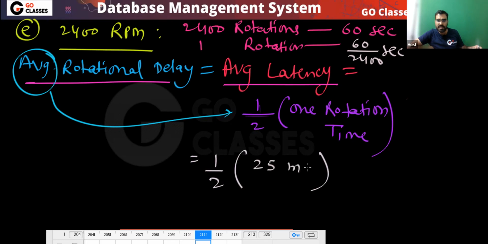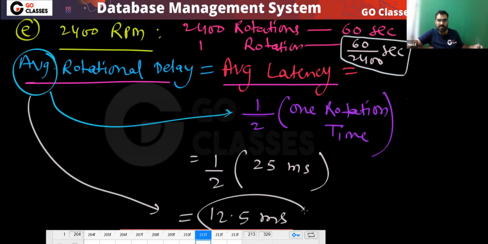I think 25 milliseconds, right? If you multiply by 10 to the power 3 and by 10 to the power minus 3, the 10 to the power minus 3 second becomes millisecond, and it becomes 60,000 divided by 2400. So that will be 25 milliseconds. This is your average delay. Your average latency will be this.